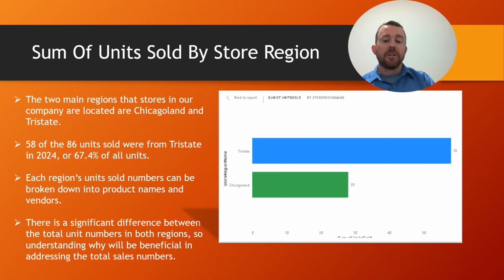So basically, what you're seeing is that you're getting more than double the amount of products sold in the tri-state compared to Chicagoland. For different reasons, we can try to decide why that is, and if there's anything we can do to close that gap. But that's just the numbers right there that we're currently seeing between the two regions.